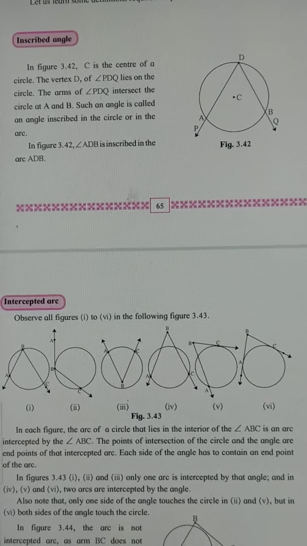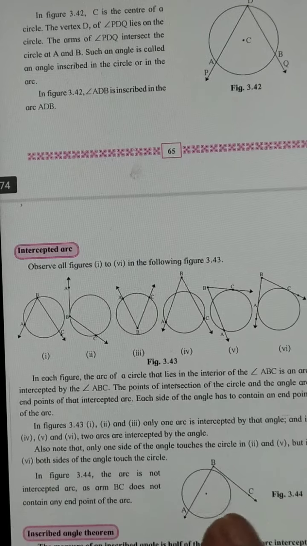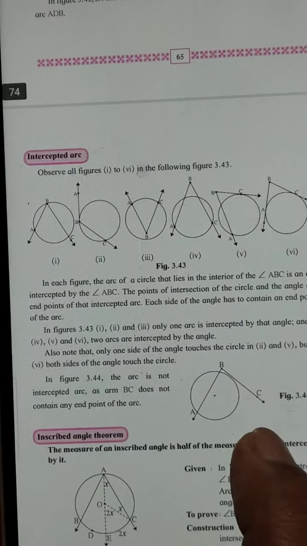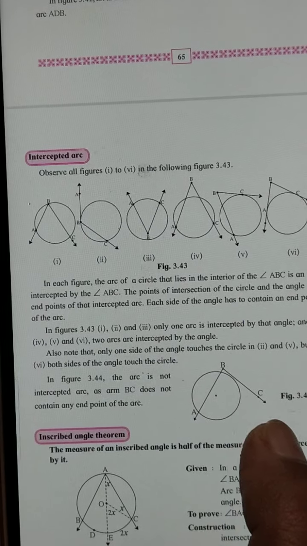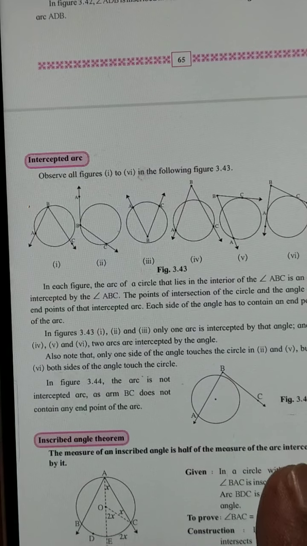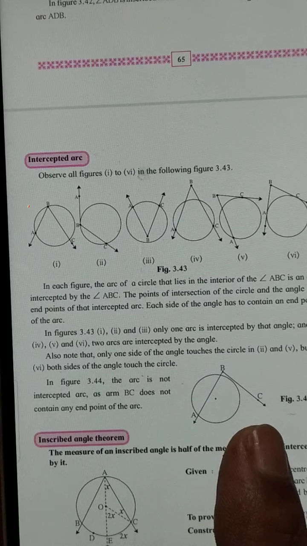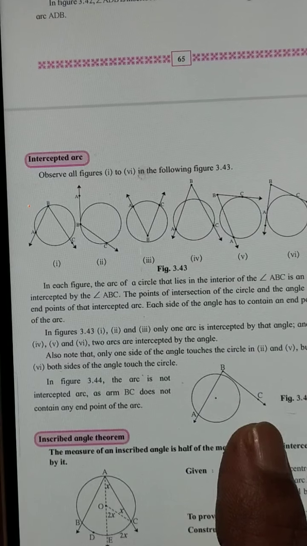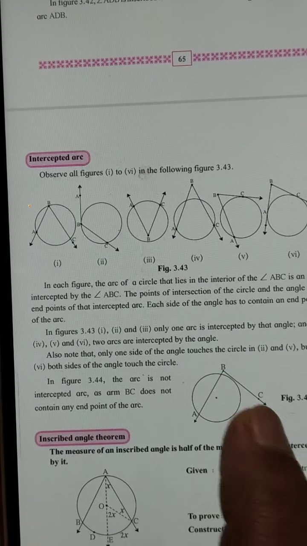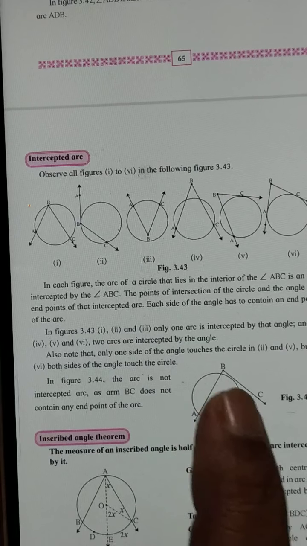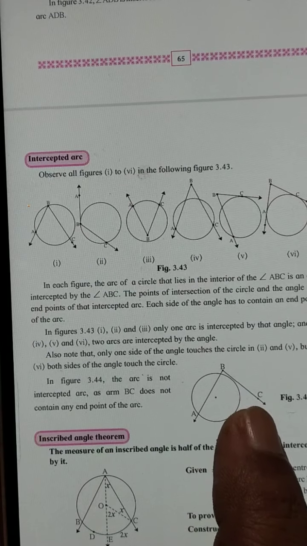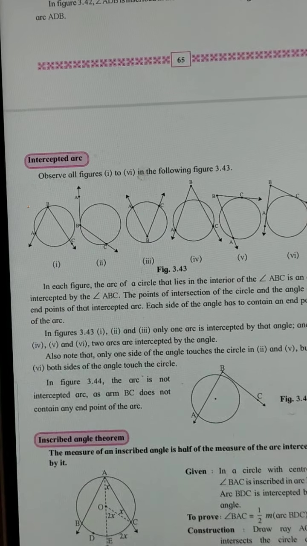And let us see in figure 3.44, here the arc is not an intercepted arc, as arm BC does not contain any endpoint of the arc.